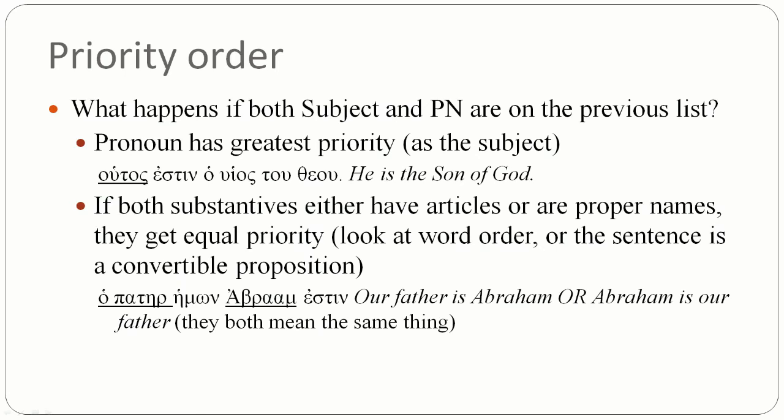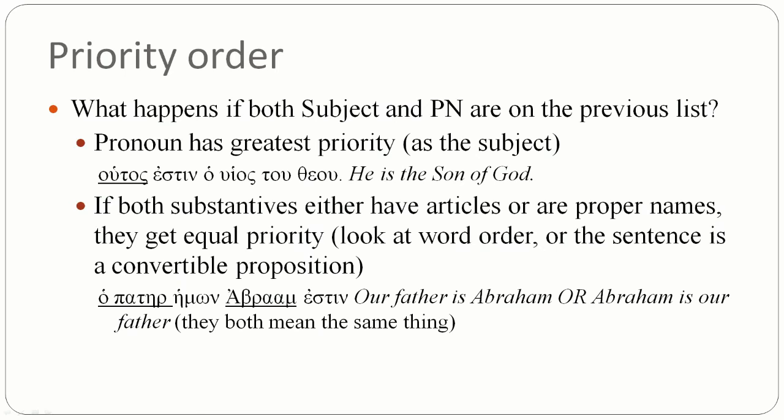Now, if both substantives either have articles or they have proper names, well, then they get equal priority. What does that mean? Well, first of all, we can look at word order.